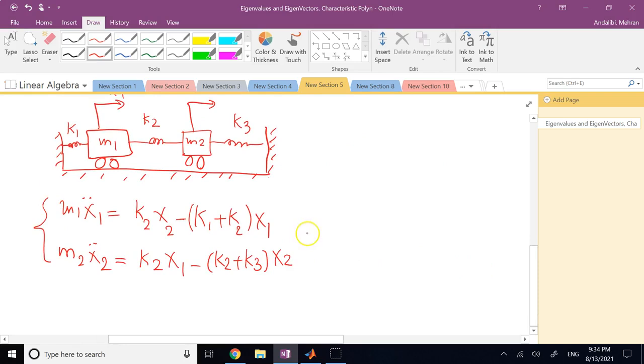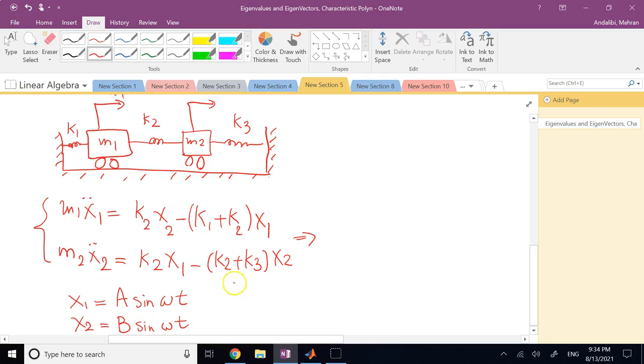And if you rewrite this into a matrix format, by considering that the solution here is going to be harmonic, so x1 is going to be some magnitude a times sine omega t, and x2 is going to be another coefficient b times sine omega t.